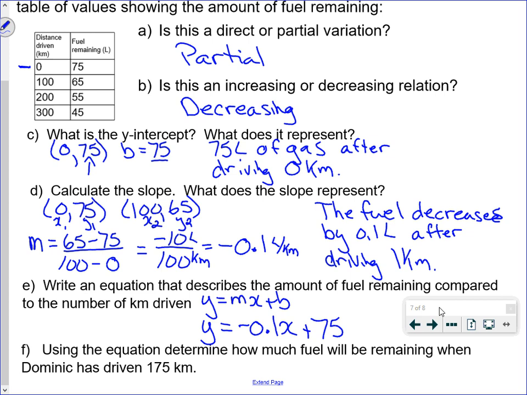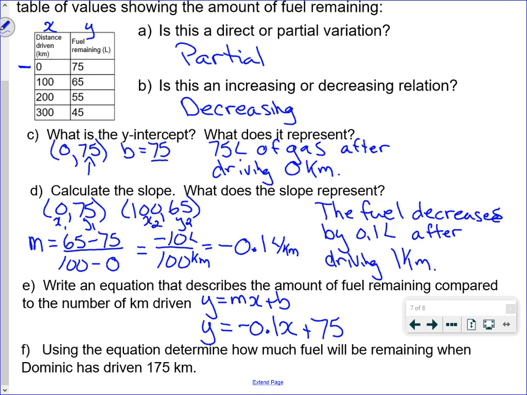So the last question says, using the equation that we just created, determine how much fuel will be remaining when Dominic has driven 175 kilometers. So we have a choice of where to put this 175 kilometers. We can put it in the y position, or we can put it in the x position. If we look at our table of values, the x column is the kilometers, the y column is the fuel.